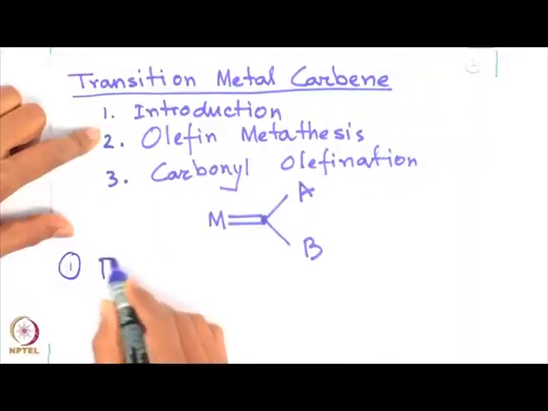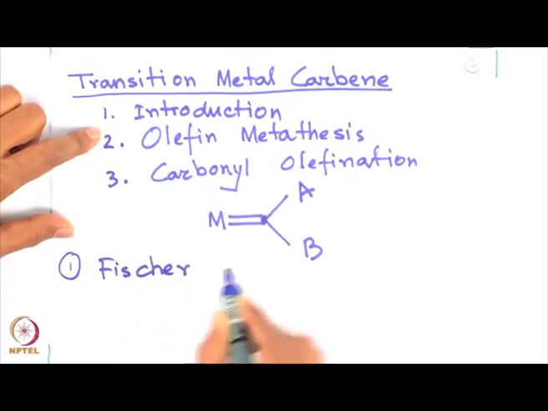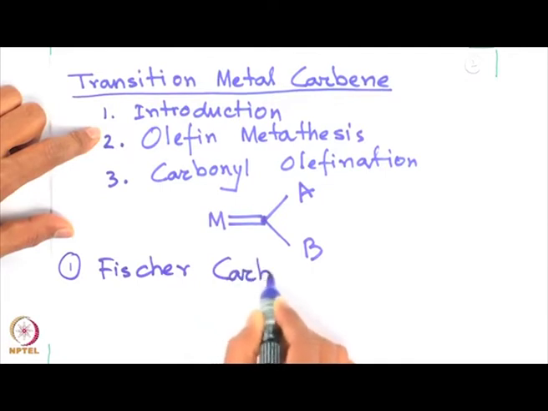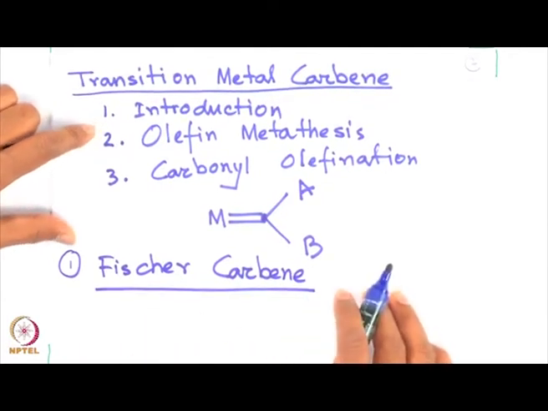Let us try to look at the Fischer carbene. Well, first of all, it is easier if we try to remember one example of the Fischer carbene and one example of the Schrock carbene.